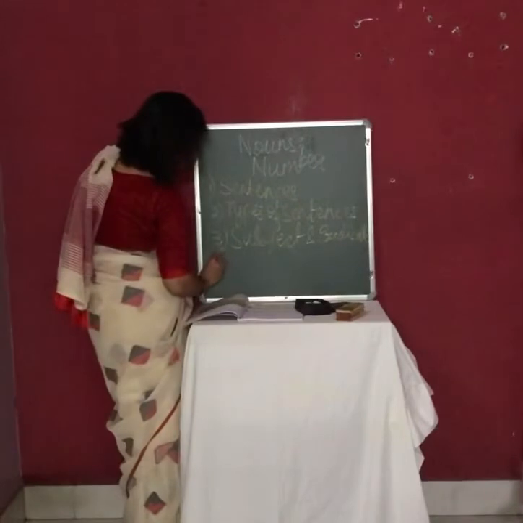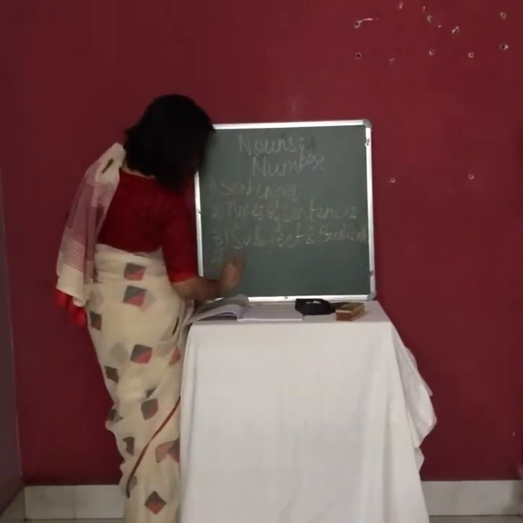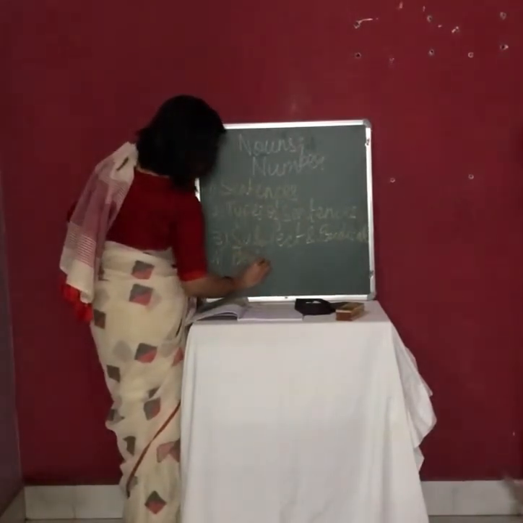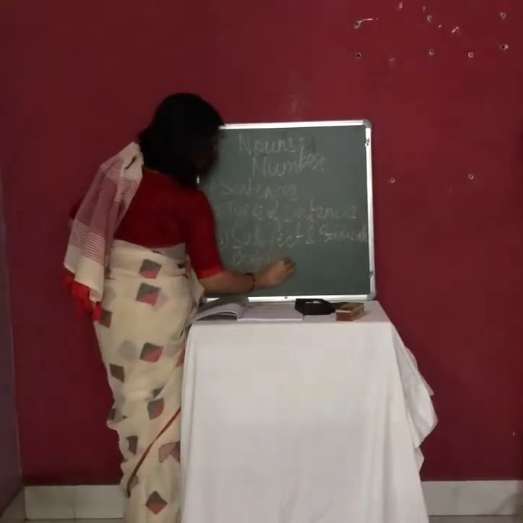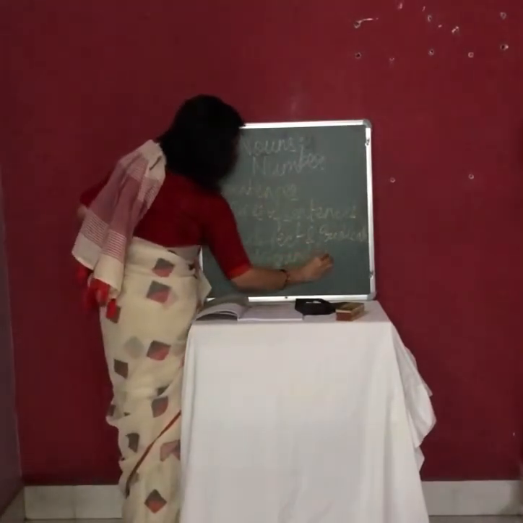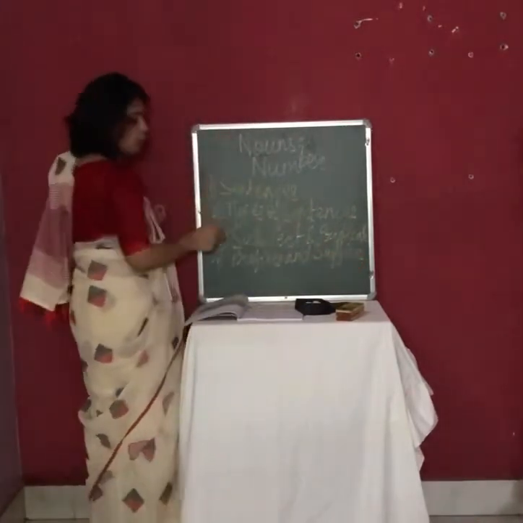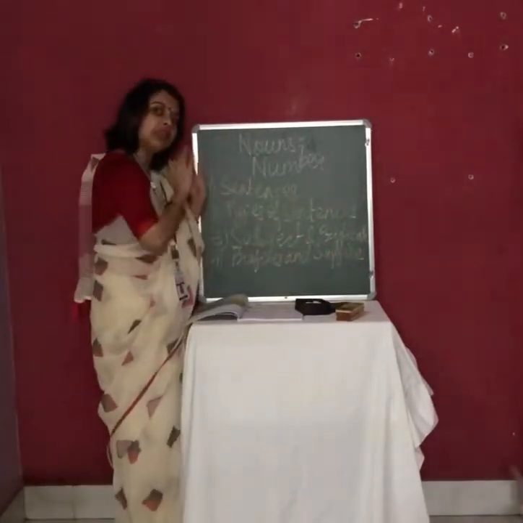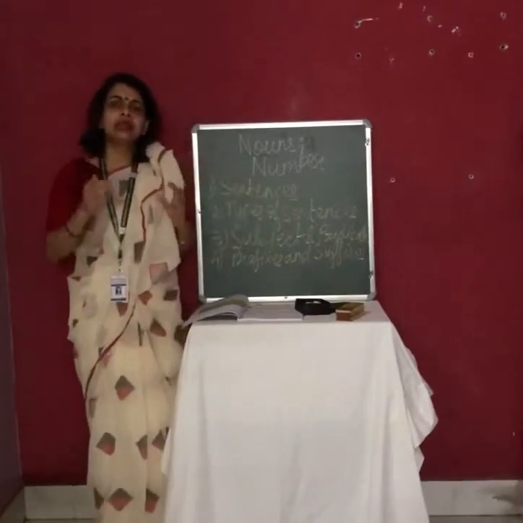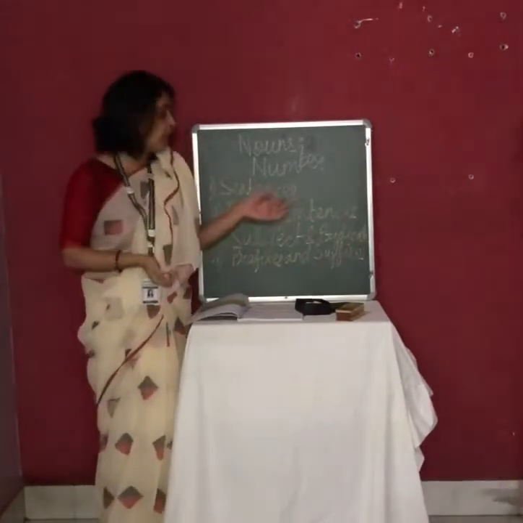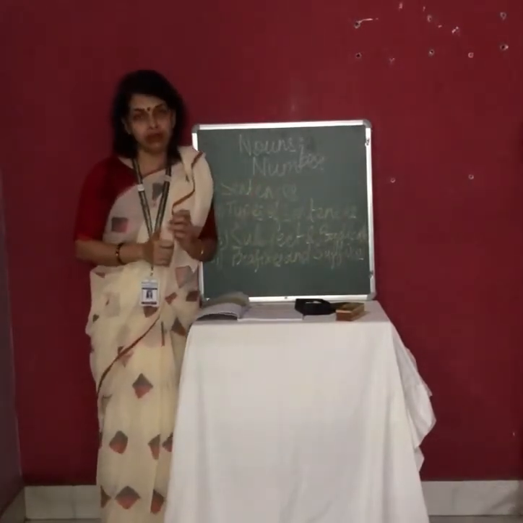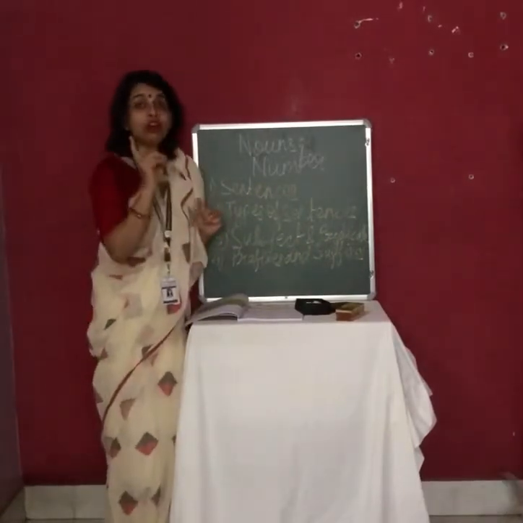Number four was prefixes and suffixes. So these 4 chapters which I have listed on the board are to be practiced religiously, by heart and soul, for your examination, which is going to be of course online.